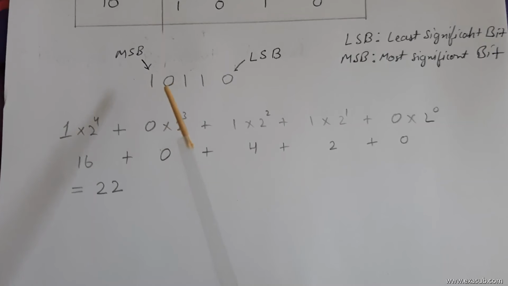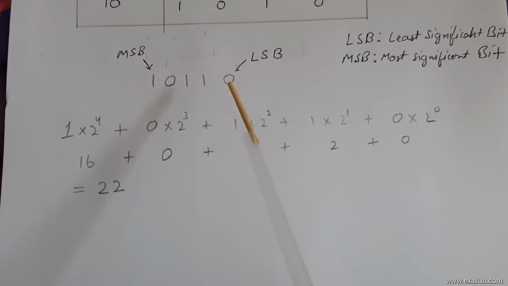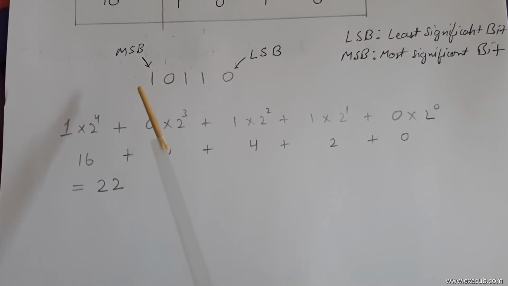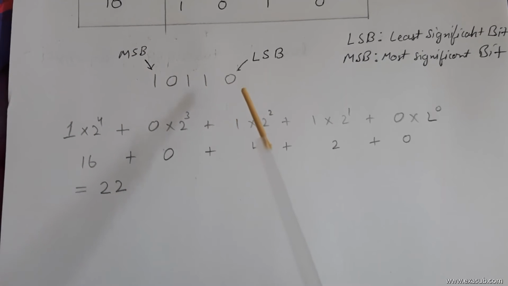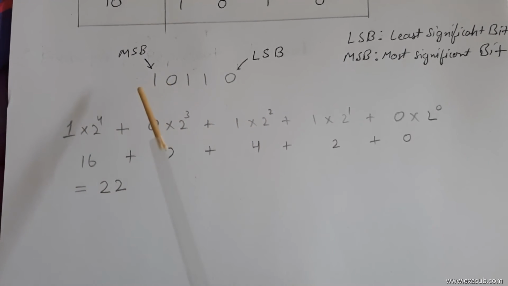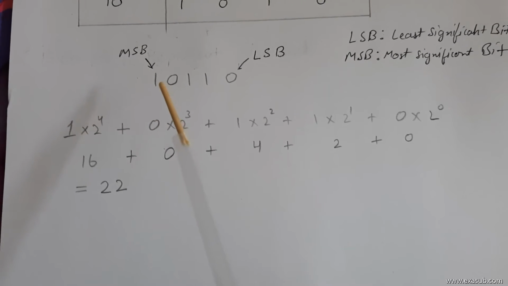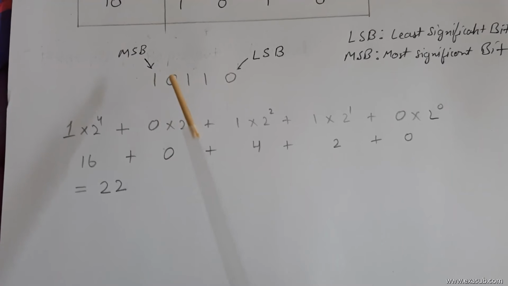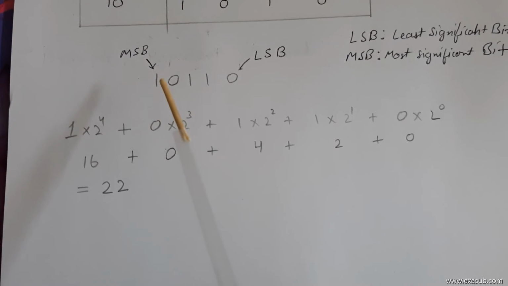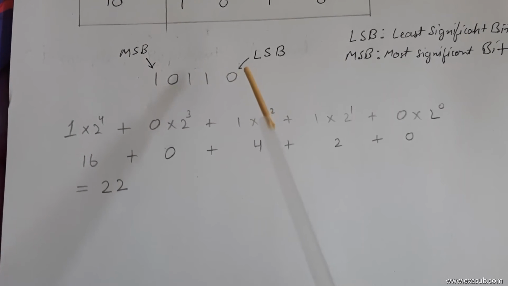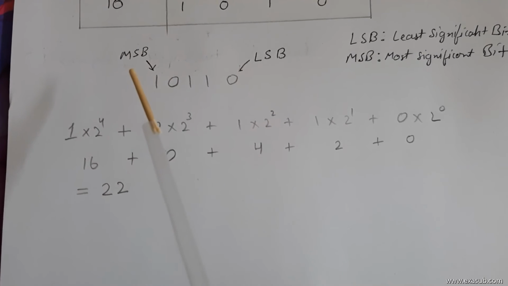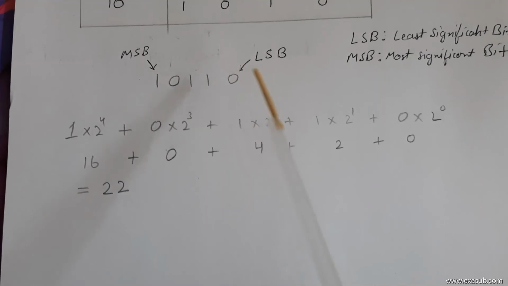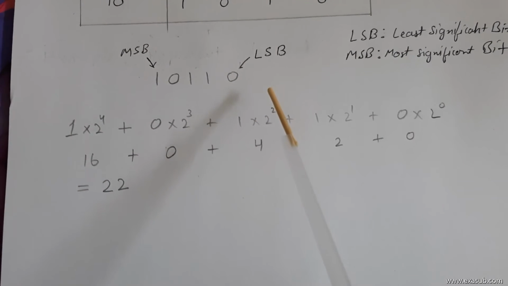The progression of weights is from LSB to MSB. So whenever a binary number is given, we always have to check on which side its LSB is given and on which side its MSB is given. Sometimes they are swapped, so LSB is on the leftmost side and MSB on the rightmost side.